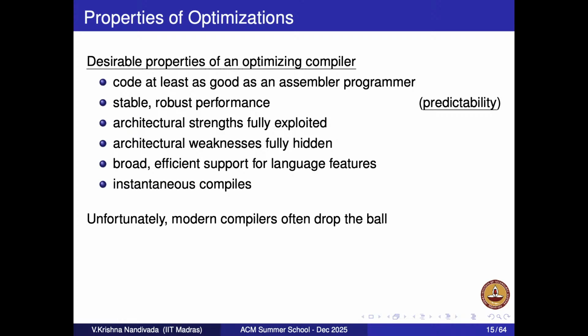The optimization should support many different language features. It should compile very fast and give me the best code. In practice, it doesn't happen. These are all ideal goals. We will try to meet as much as possible.